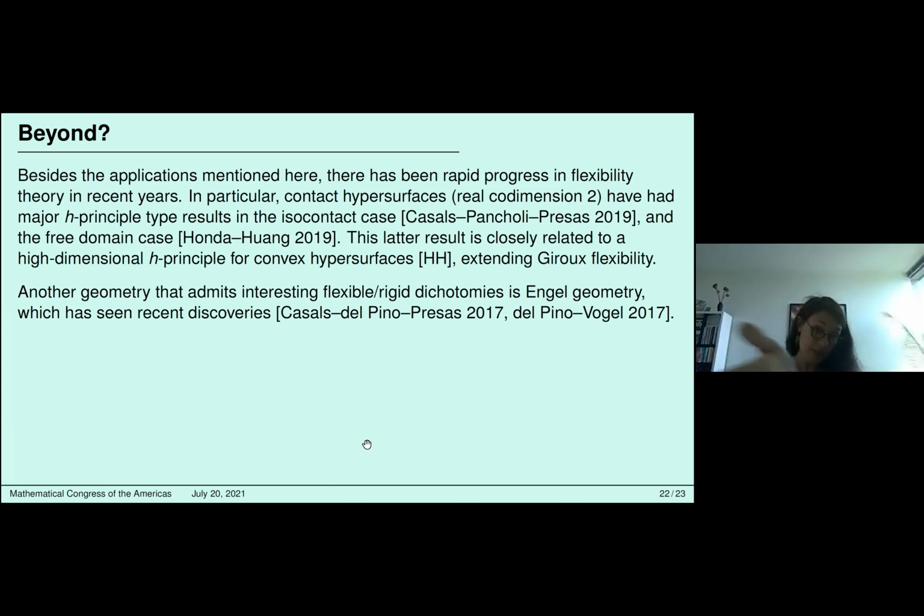Just a couple of these, the largest dichotomies were Casals, Murphy, and Presas, and Casals and Vogel a few years ago. There's been a number of other things, specifically in Legendrian geometry, about Lagrangian embeddings, tangent embeddings, all kinds of things, most of them by some subset of these 4 authors.